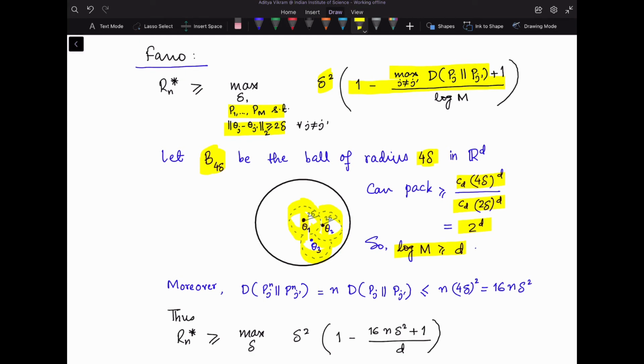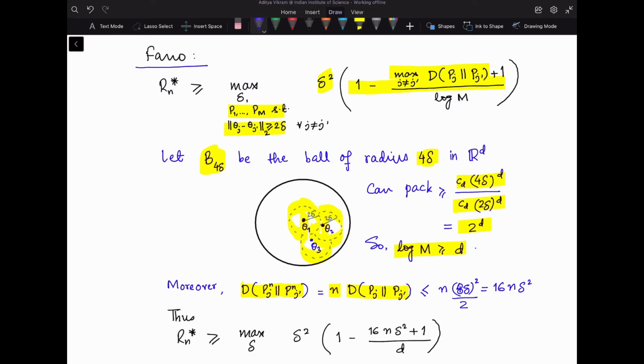So now what would be the maximum KL divergence between Pn j and Pn j dash? The KL divergence between Pn j and Pn j dash is just n times the KL divergence between Pj and Pj dash. And the KL divergence between Pj and Pj dash is just the L2 norm squared by 2, and the maximum L2 norm squared can be 8 delta, so I think this should be 8 delta square, by 2.